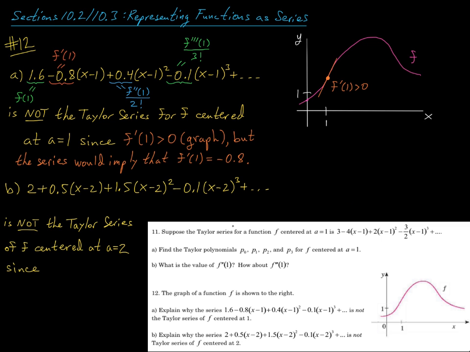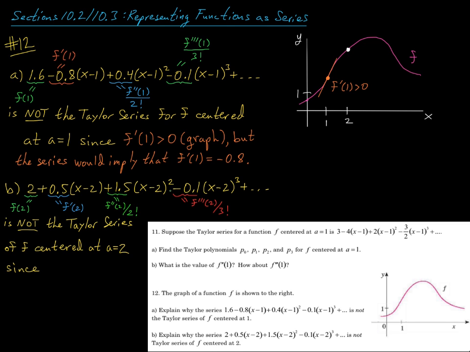So for part B, pretty similar. It says, explain why the series 2 plus 0.5 times x minus 2 plus 1.5 times x minus 2 squared minus 0.1 times x minus 2 cubed, and so on, is not the Taylor series of f centered at a equals 2. Well, here we are on the graph when x is 2.